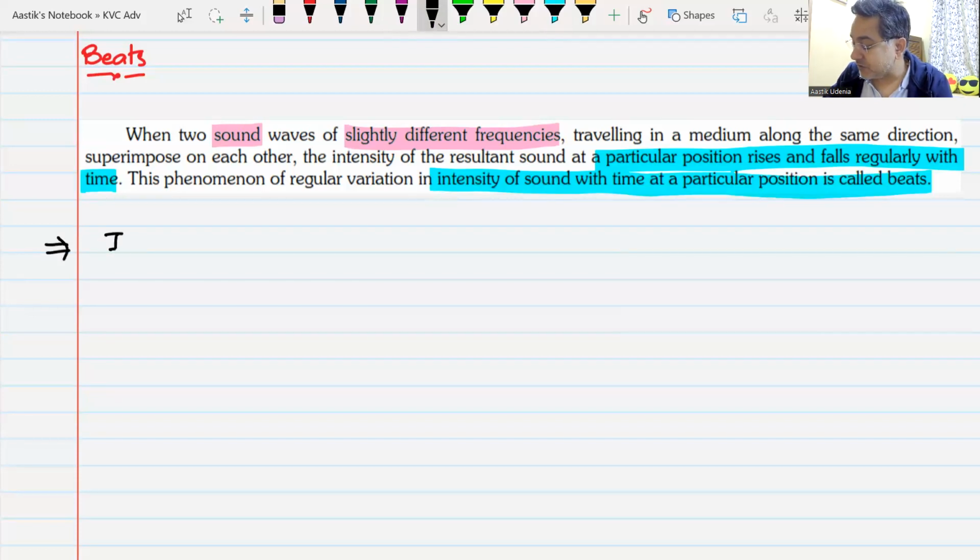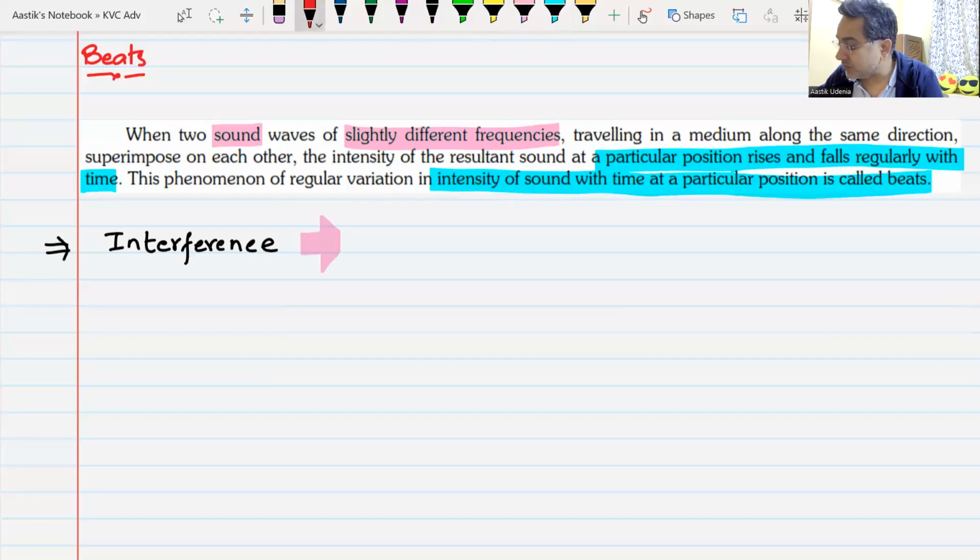Now, whenever we try to differentiate between interference and beats, we can write: interference is superposition in space.